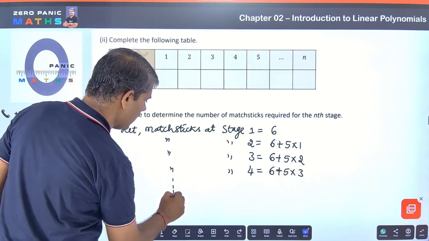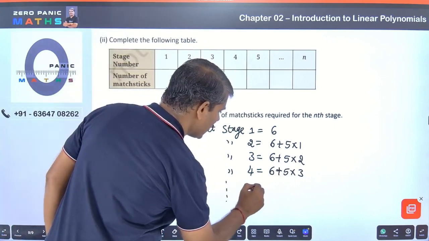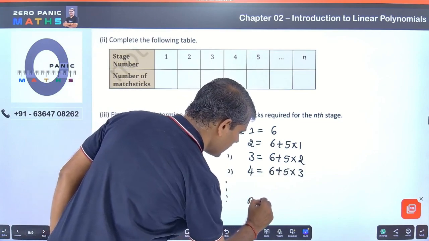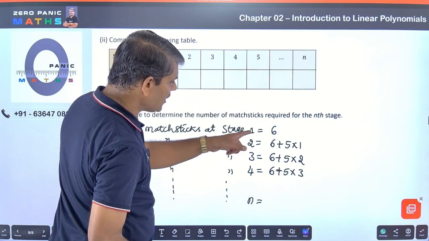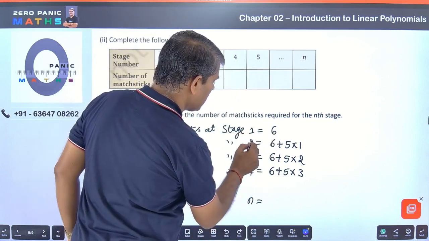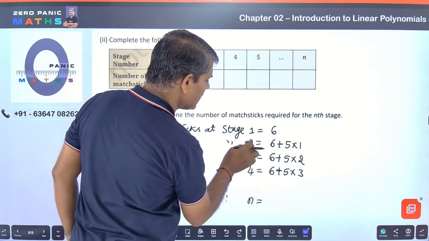Continuing in this way, you can say that at stage n, you see, when it is stage 1 it is 6, and at stage 2 it is 1 less than the stage number.